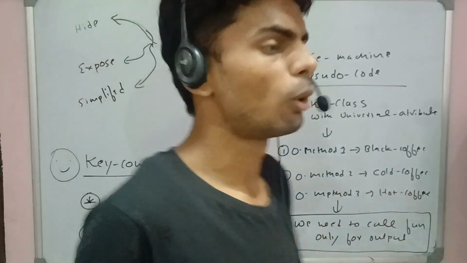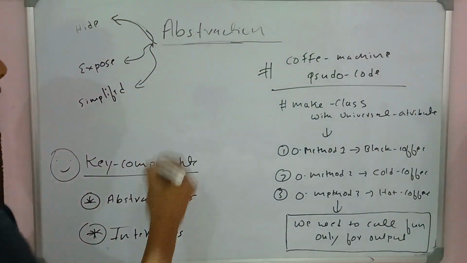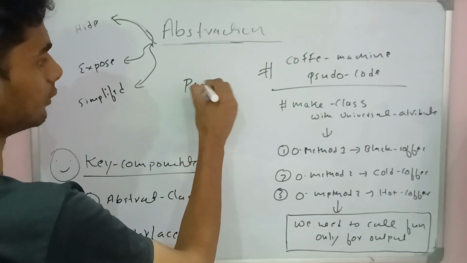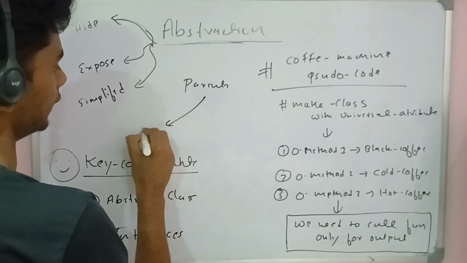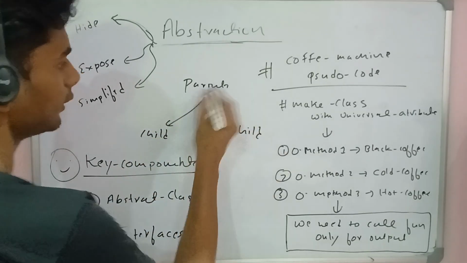Let's start with the abstract class. Suppose this is the parent class and this is the child class.